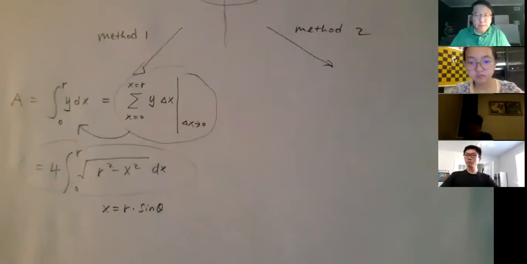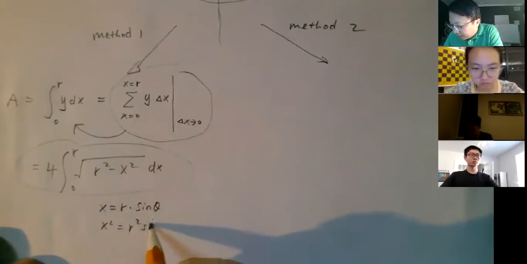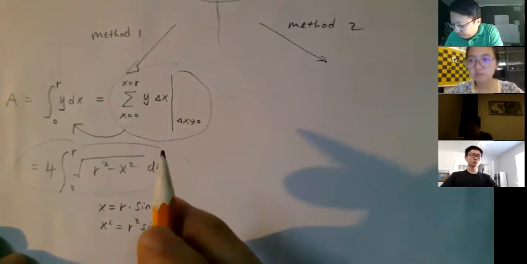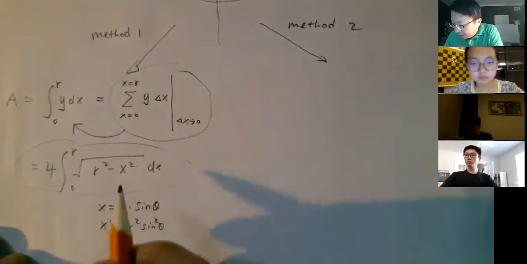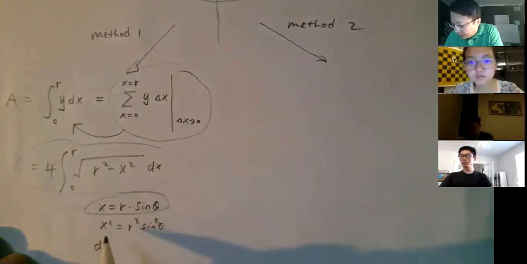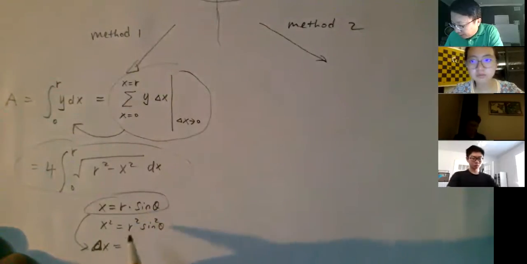In that case, x squared equals r squared sine squared theta, right? And then dx. So basically, you can say delta x equals what? Delta x equals.